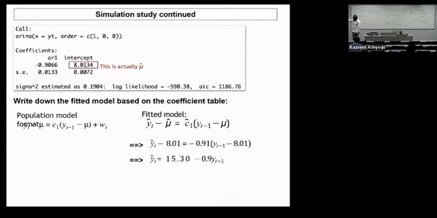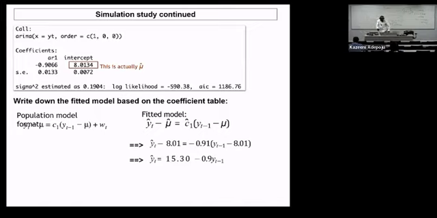We have one that is Yt minus mu equals C1 times (Yt-1 minus mu) plus Wt, or the other one. But let me advise you, if you want to write the fitted model, always go with the one that has something minus mu cap.